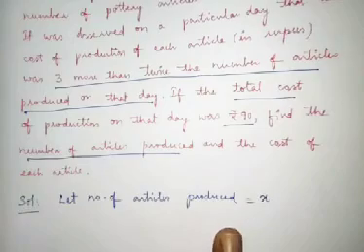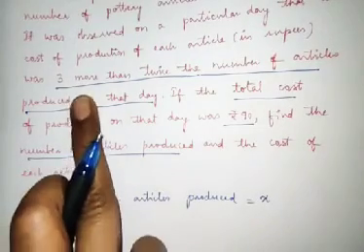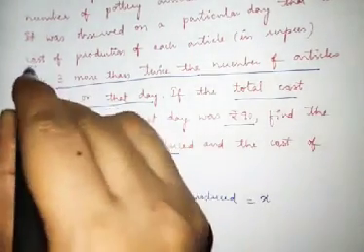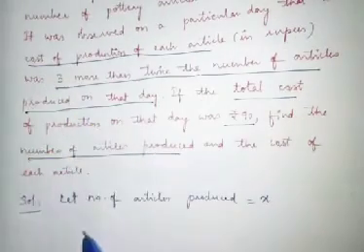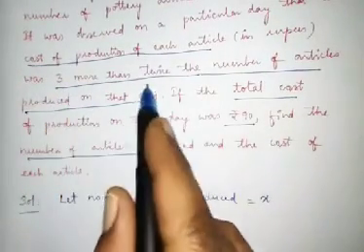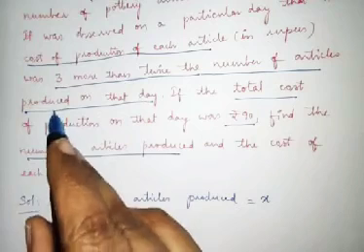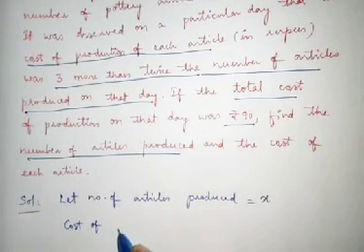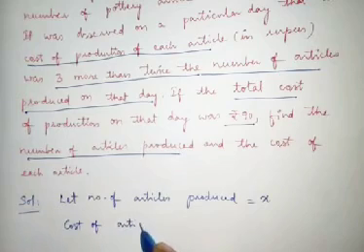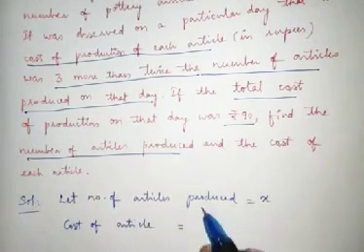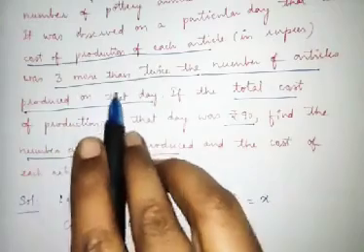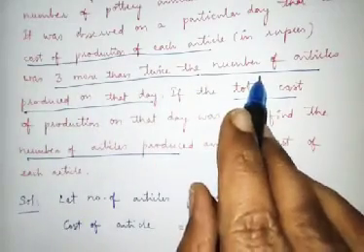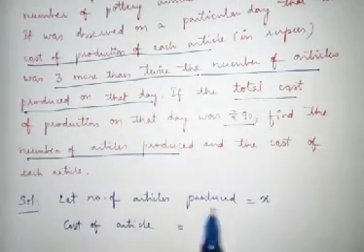So after assuming this, let's go to the condition. What is given to you? The cost of production of each article is equal to 3 more than twice the number of articles produced. The number of articles produced is x.